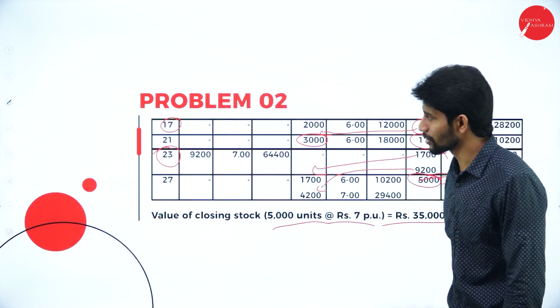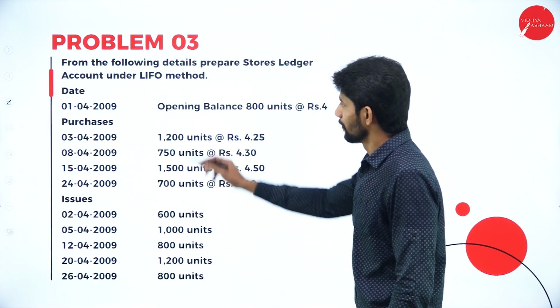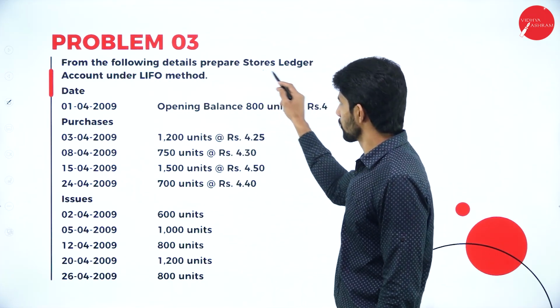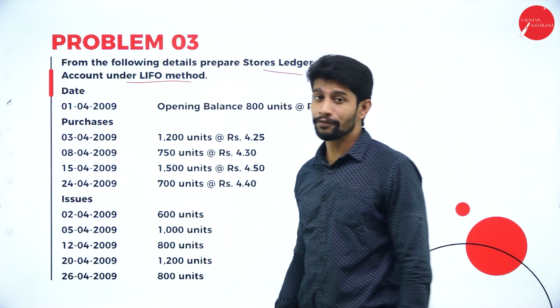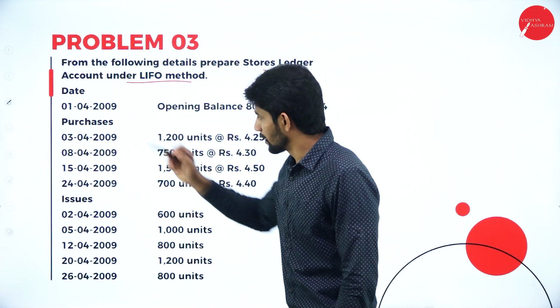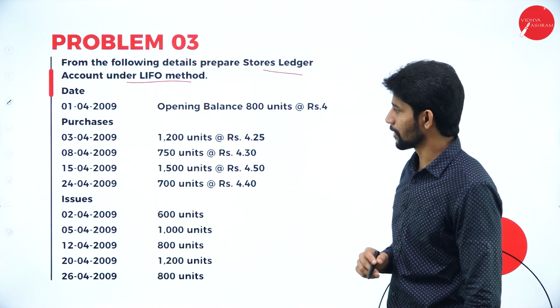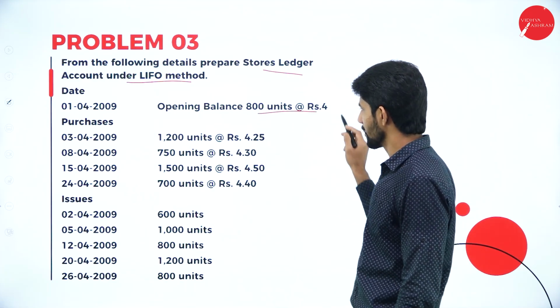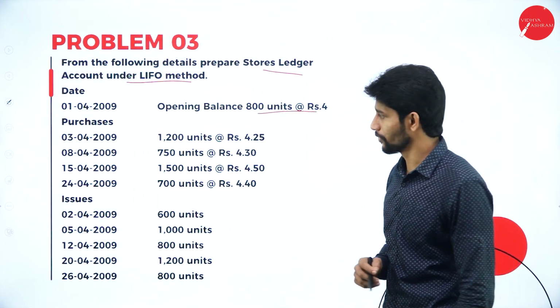Next, moving to problem number 3. From the following details, prepare stores ledger account under LIFO method, that is last in first out. Date 1st April 2009, opening balance 800 units, rupees 4 per unit.